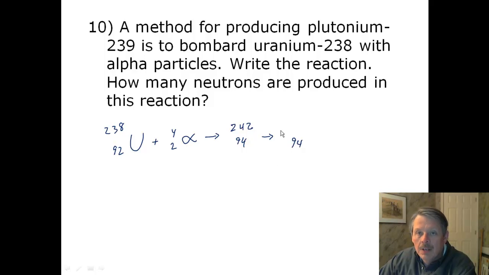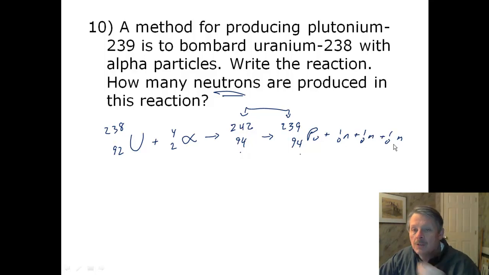Right, and it says I'm producing plutonium 239. All right, well, what do you notice? My numbers here are off by 3. It says I'm producing neutrons. I have nothing on the bottom to worry about, so I have to have 3 neutrons to match up my numbers.